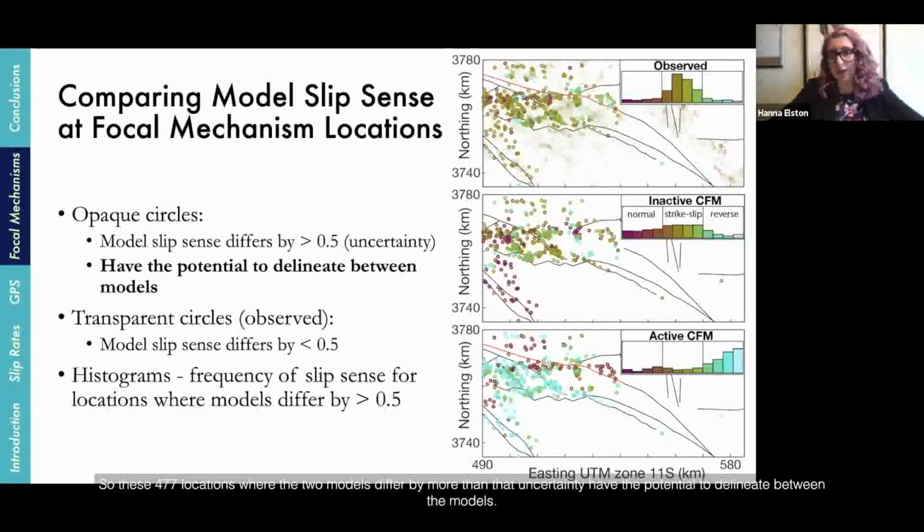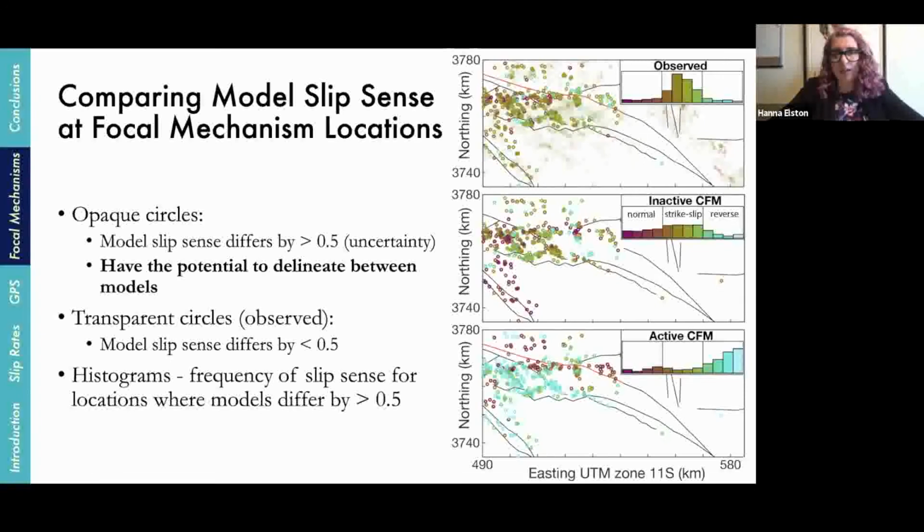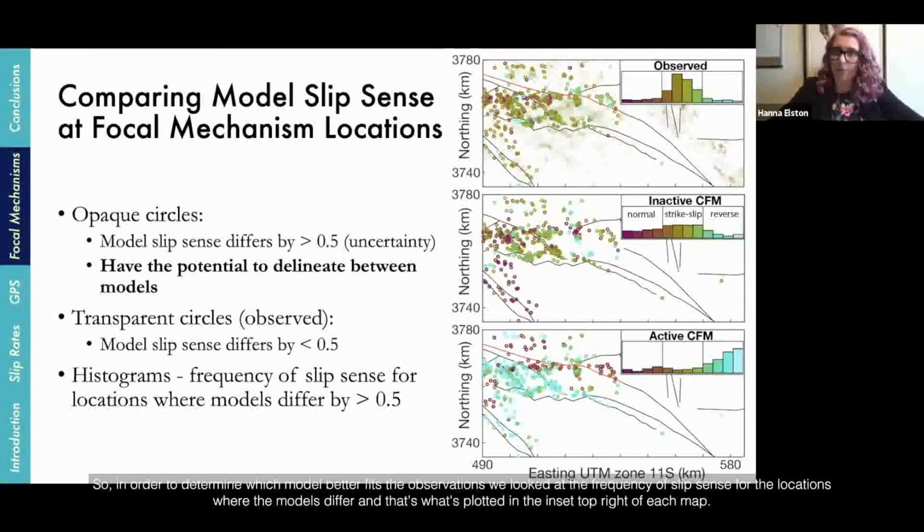These 477 locations, where the two models differ by more than that uncertainty, have the potential to delineate between the models. To determine which model better fits the observations, we looked at the frequency of slip sense for the locations where the models differ.